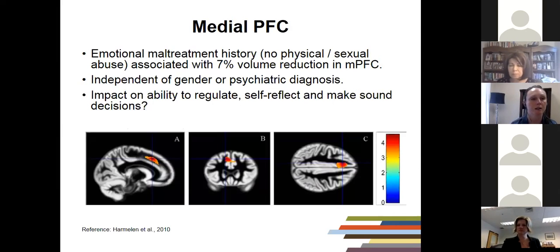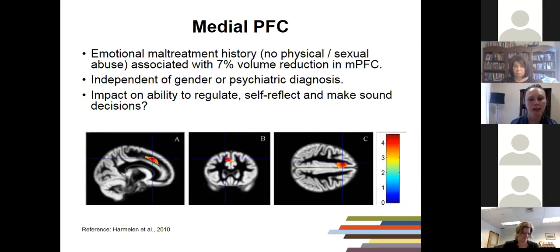These are individuals who had an emotional maltreatment history but had not experienced things like physical or sexual abuse, and they had a significant reduction in an area of the brain that's really critical for the ability to regulate emotion, and to reflect upon behaviors and make good decisions. This is called the medial prefrontal cortex, another subdivision of the prefrontal cortex. A few of you mentioned in the chat box when you were watching the kids with the marshmallow that they were able to regulate themselves pretty well, to wait for that second marshmallow. What this study is telling us is that the part of the brain that's really critical for that regulation process is underactive.